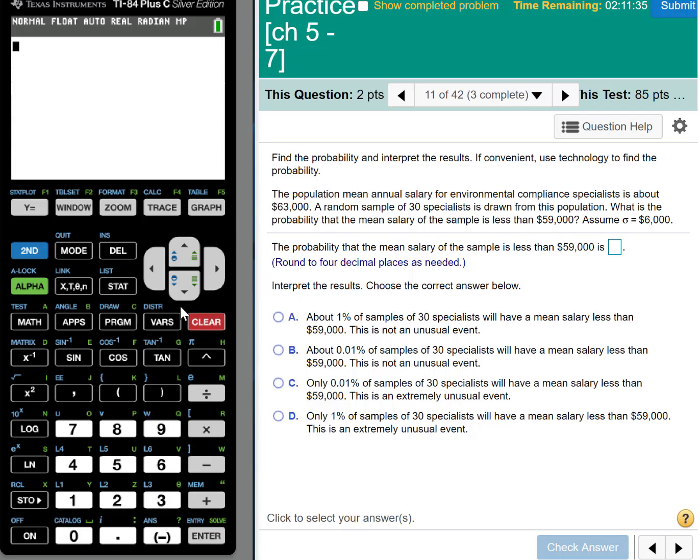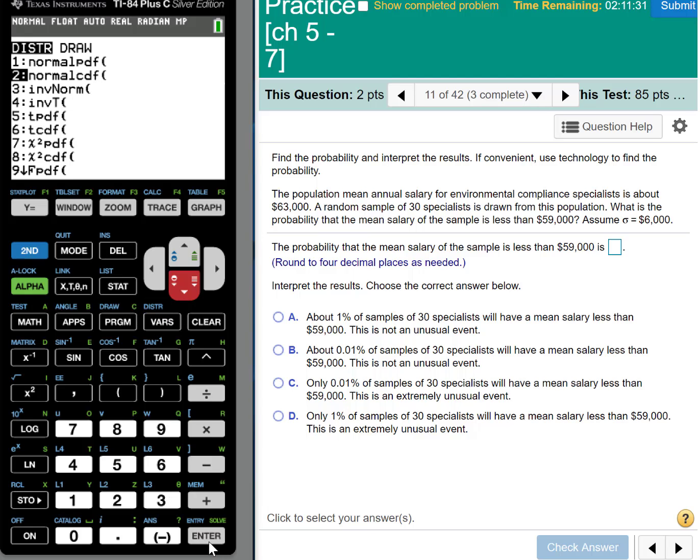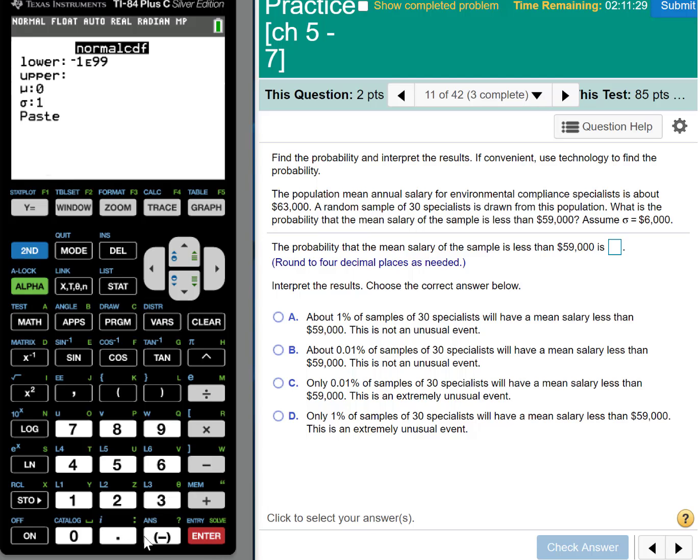Okay. Same thing, normal CDF. Less than, you have to start with negative a million. Enter. Upper is going to be 59,000. The mean is given in the problem. Sorry, the question, yeah, less than 59,000. Mean is what? 63,000.